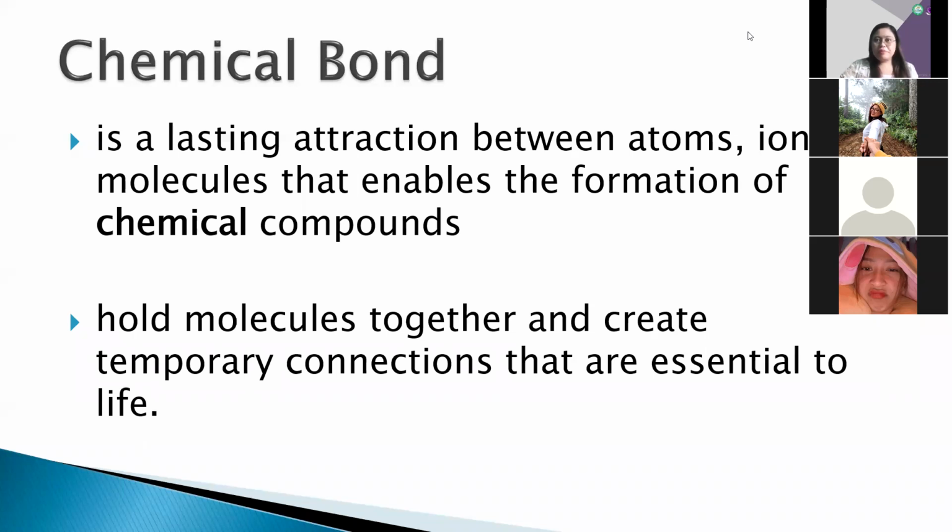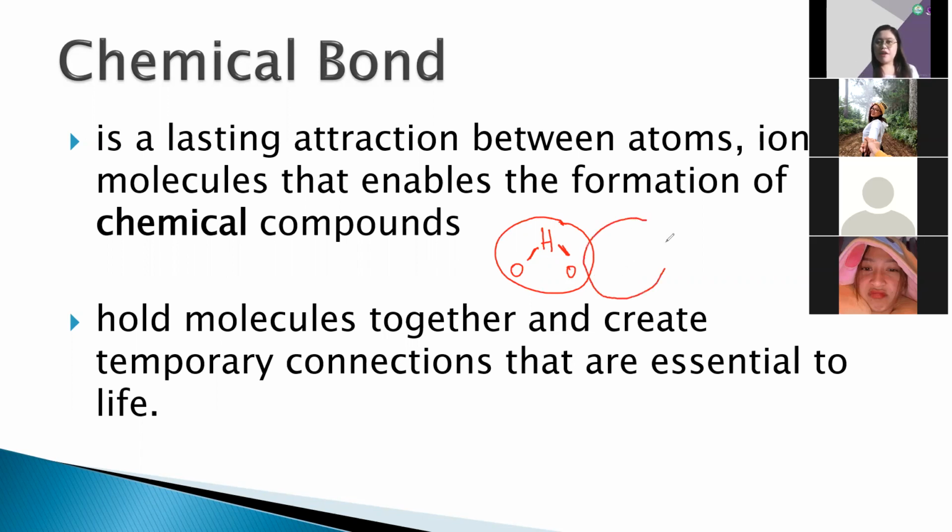So wait lang ha. Let me show you the illustration. So example, you have H and dalawang oxygen. So this is one molecule, and this one here are called chemical bonds. They will hold the atoms together so that they will stick to each other.